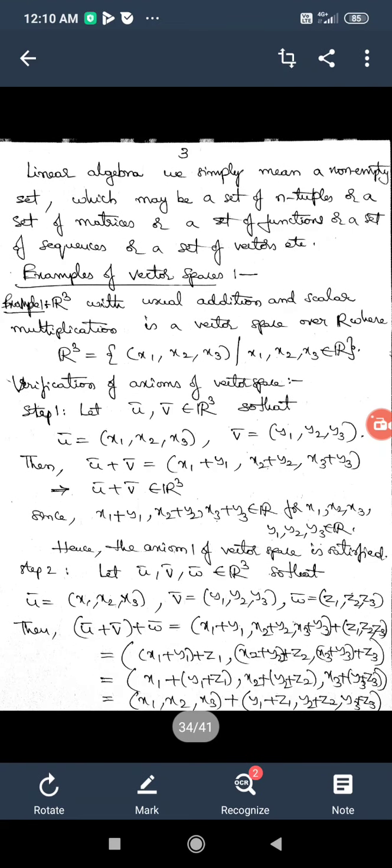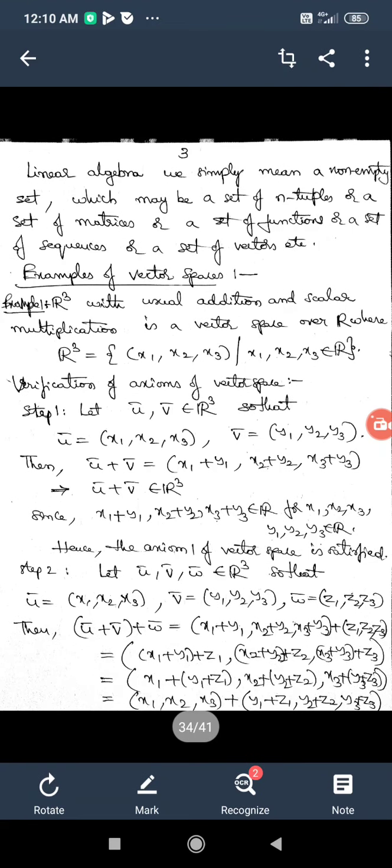Now step 2. Let u bar comma v bar comma w bar belong to R3. Now I am taking 3 vectors u bar, v bar, w bar in R3, so that as they are in R3, all of these 3 vectors should be ordered triads.